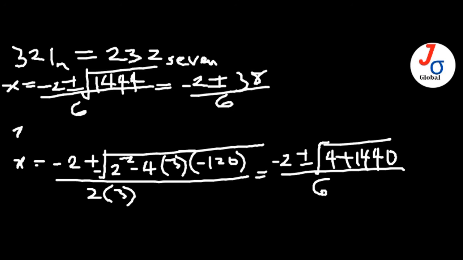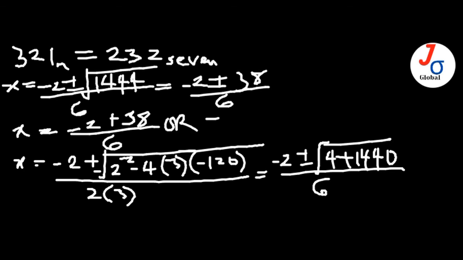So my answer is actually x is equal to minus 2 plus 38 over 6, or minus 2 minus 38 over 6.